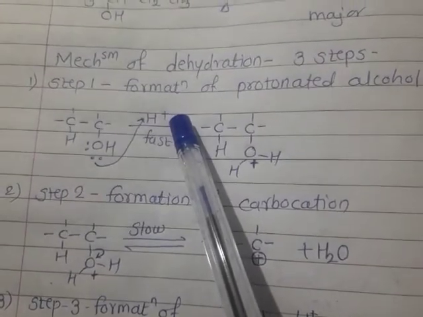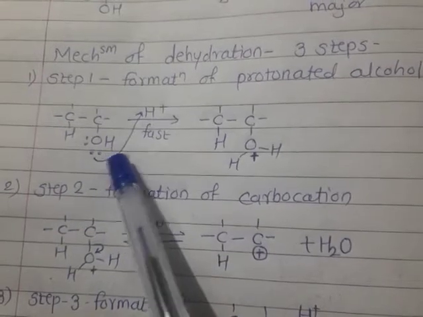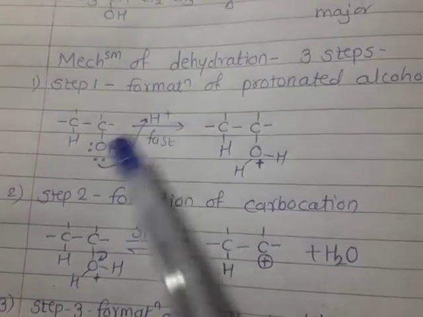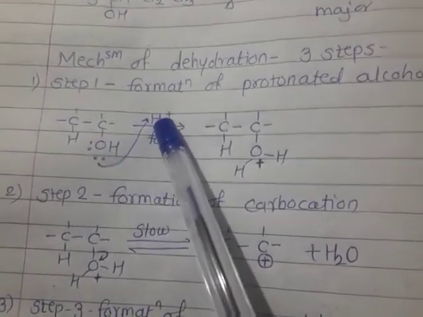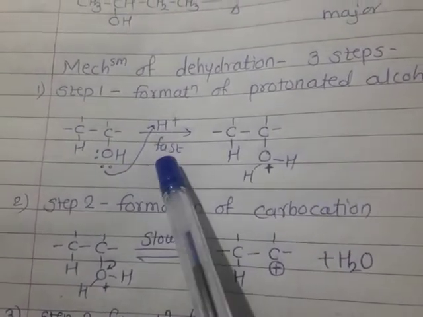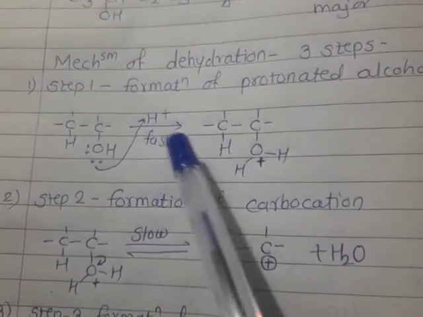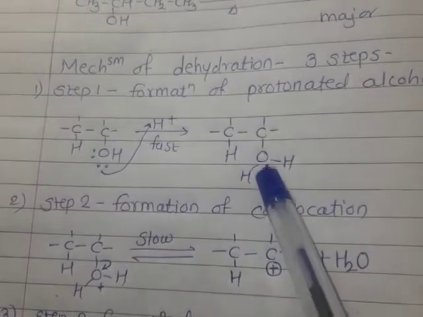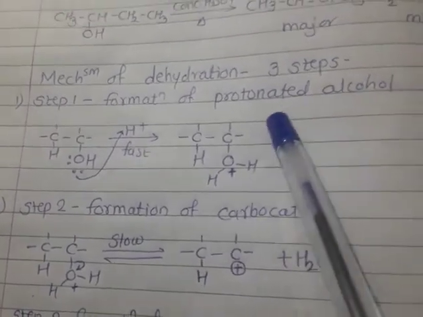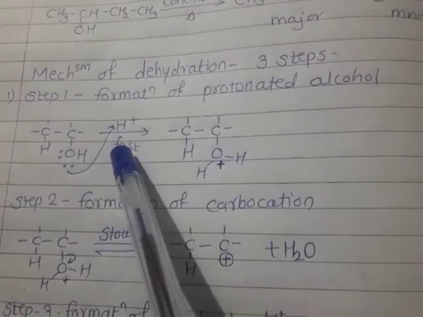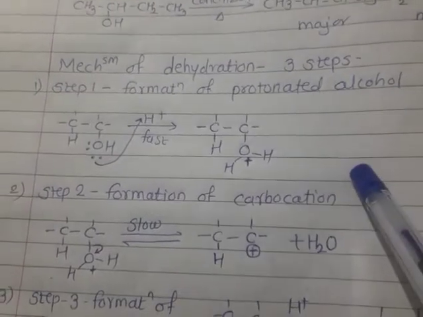Acid gives H plus ion and this oxygen attacks this H plus ion. Oxygen has two lone pairs, so it gives its electron pair to this H plus ion. A very fast, quick reaction takes place between alcohol and H plus ion. So the OH group gets this H plus ion and we get this structure, which is nothing but protonated alcohol, alcohol which has accepted a proton.